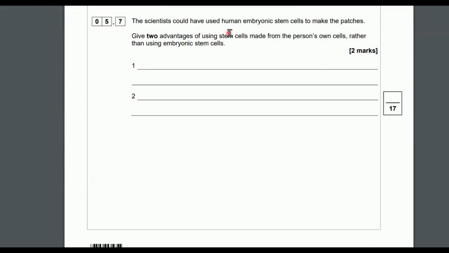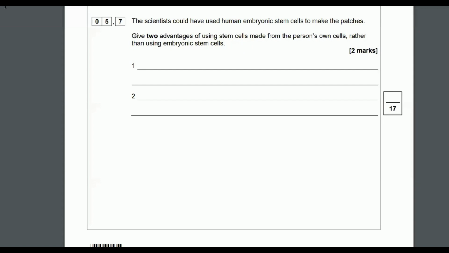The scientists could have used human embryonic stem cells to make the patches. Give two advantages of using stem cells made from the person's own cells rather than using embryonic stem cells. So, what are the advantages of using your own stem cells? Well, if you use your own stem cells, we can say no embryo is destroyed.